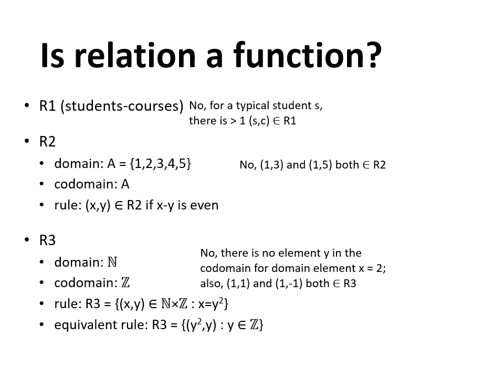The answer is no, because there is no element y in the codomain for domain element x equal to 2. And on top of that, (1, 1) and (1, -1) are both in this relation, and therefore 1 is mapped to 2 elements. So again, this signifies why this is not a function.